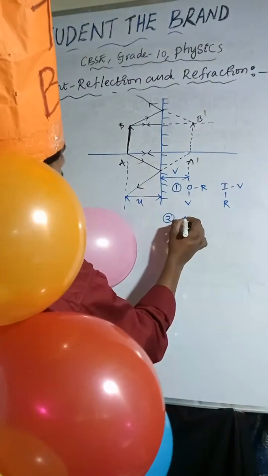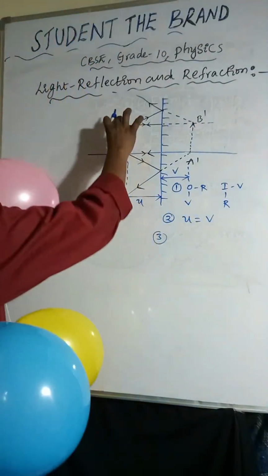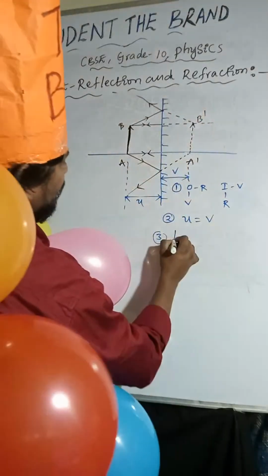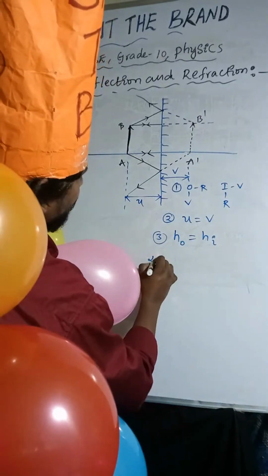The object distance is equal to the image distance, and the height of the object is equal to the height of the image.